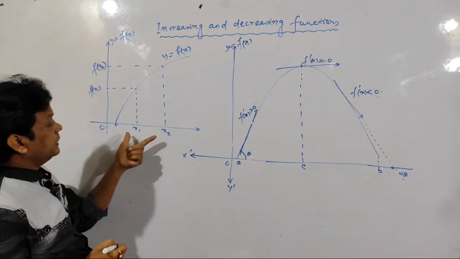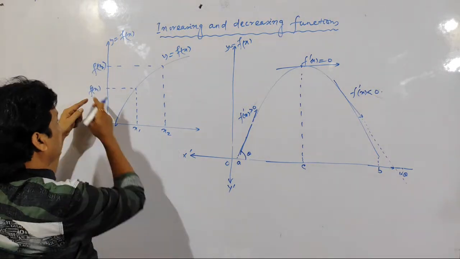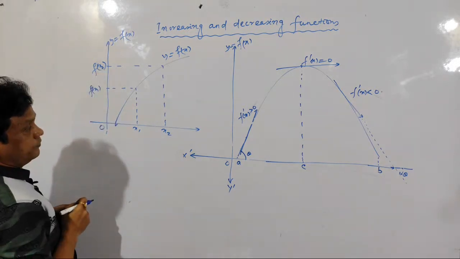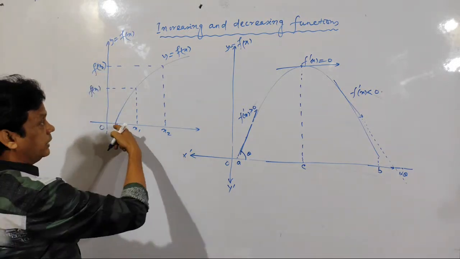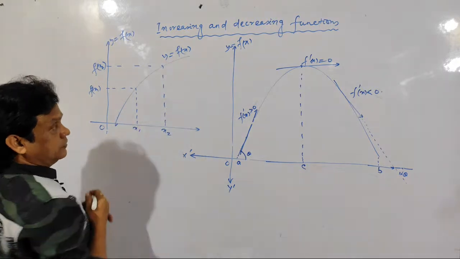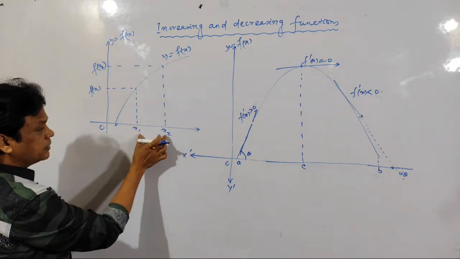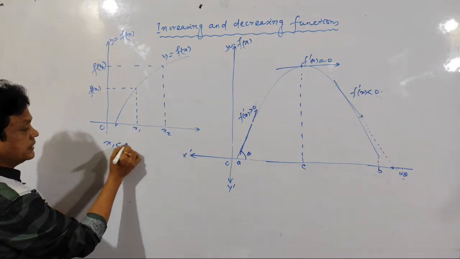Now, what is the relationship between x1, x2 and f of x1, f of x2? Already you know this graph is increasing. And what is the relationship between these two? x1 is less than x2.